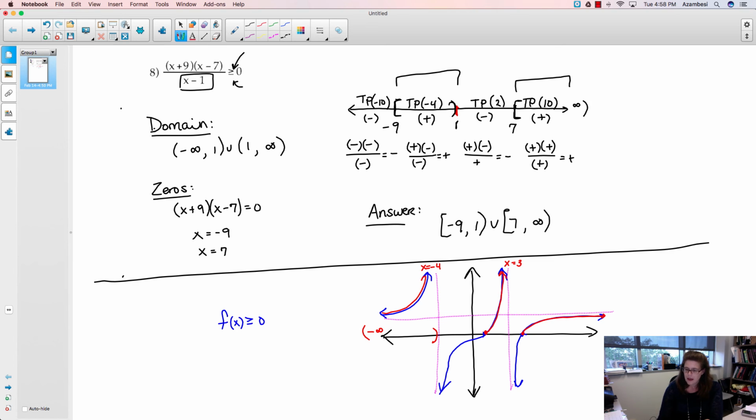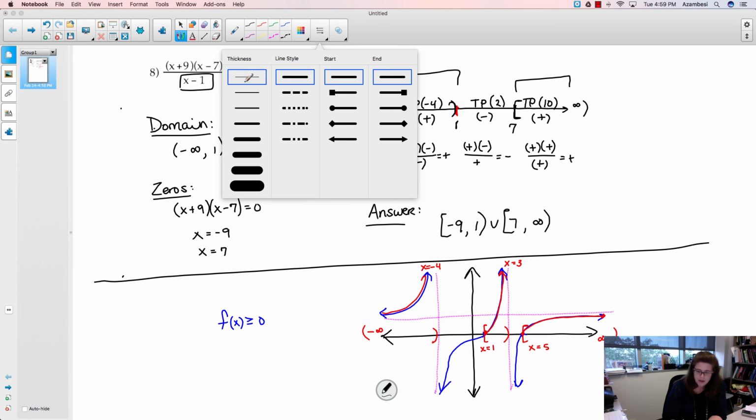And then I have from this 0, we'll make that x is equal to 1, to the asymptote line, but I can't include the asymptote. And then from this 0 and to positive infinity.